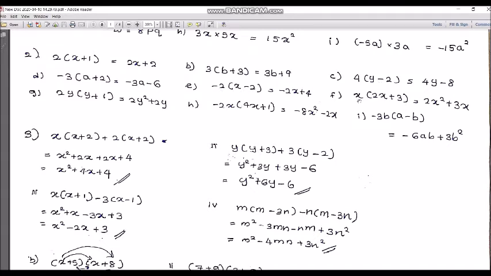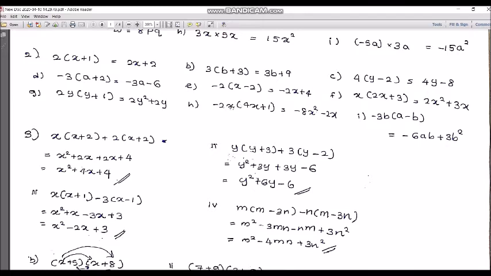And then in the next one, there's an unknown variable outside the bracket, so we have to multiply each and every term. x into 2x is 2x squared, and x into 3 is 3x. In the same way, this is the same, and then here instead of x, it is minus 2x.